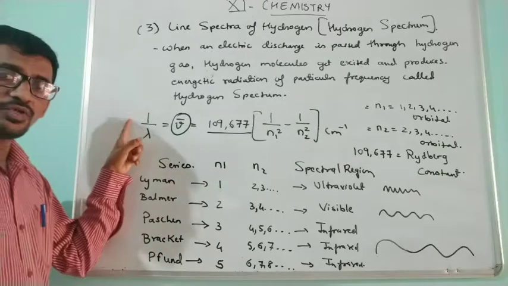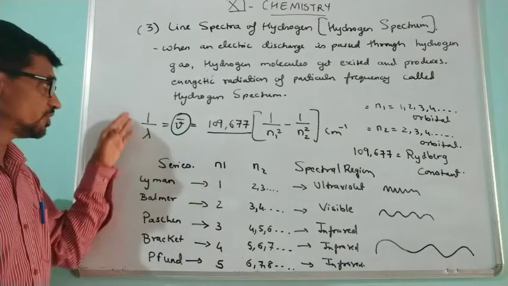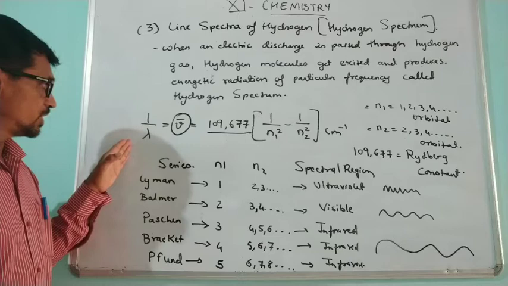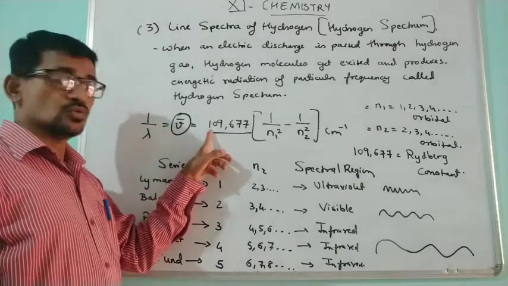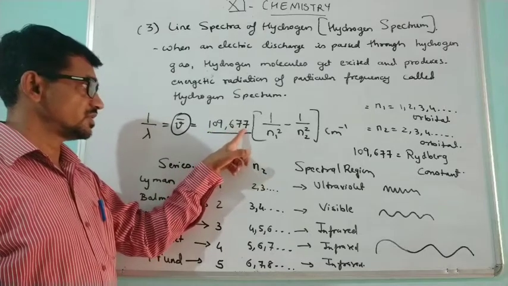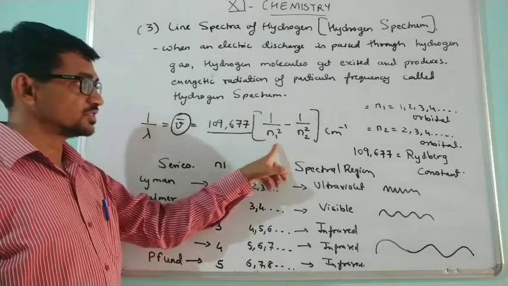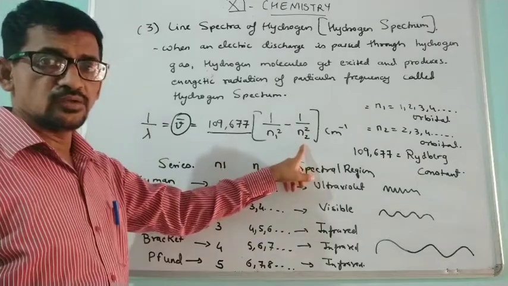Wave number we know is 1 by lambda, the number of waves passing through a particular point. So 1 by lambda, that is the wave number, is equal to 109677 into 1 upon n1 square minus 1 upon n2 square.